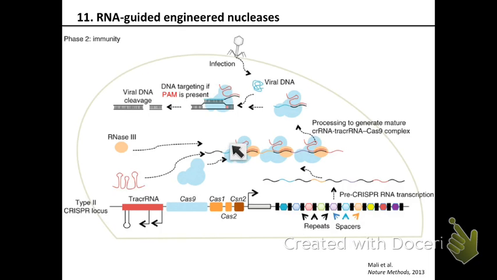So remember, the tracrRNA and the guide RNA form a complex, and once the mature CRISPR RNA, tracrRNA, and Cas9 complex is formed, it can target the viral DNA and cut it. Okay? And the virus will no longer be able to make its own proteins and infect the cell. Is that clear to everyone? Any questions about this?